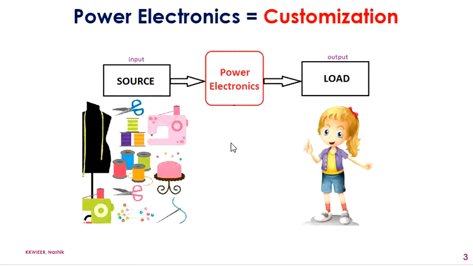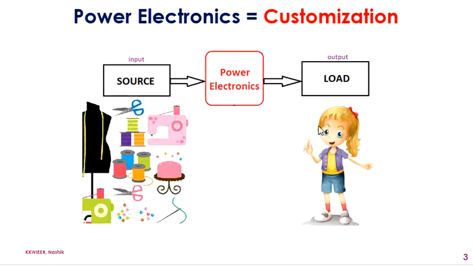So here the designer or the tailor acts as power electronics. By using the source input, he or she will design or stitch the dress according to the load's requirement, which is optimally suited for the user load. So this is the basic principle of power electronics.